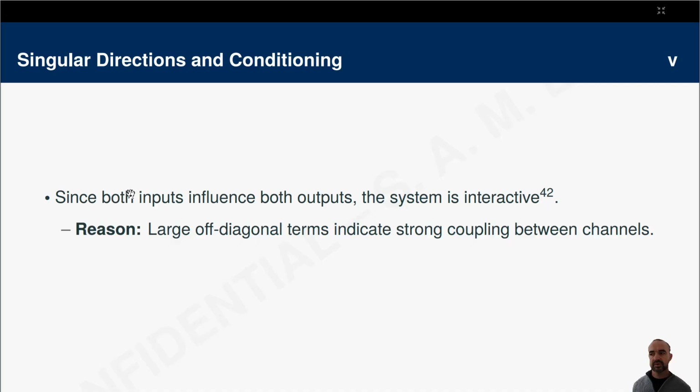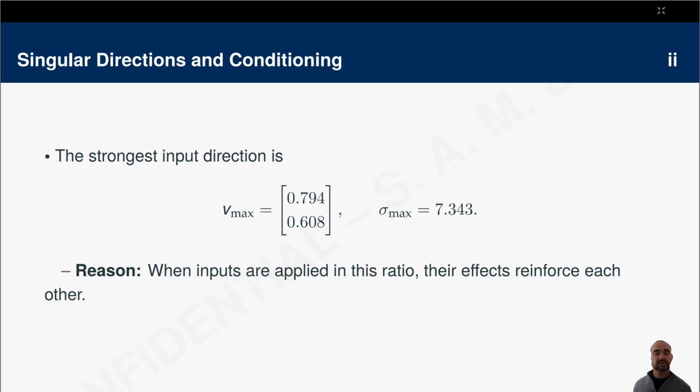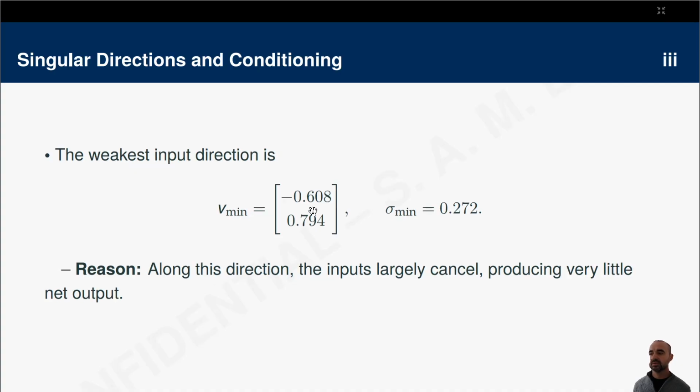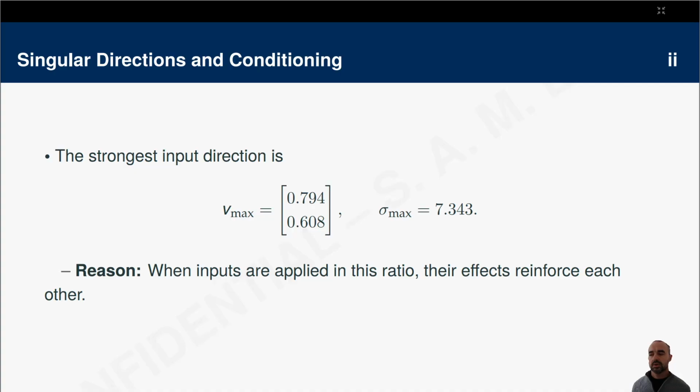Since both inputs influence both outputs, the system is interactive. In this example, we had 0.794 and 0.608, and then minus 0.608 and 0.794.